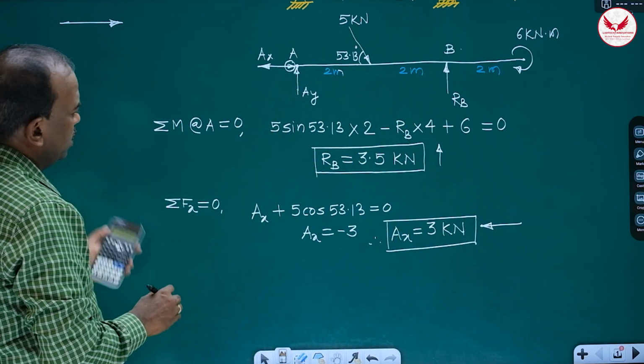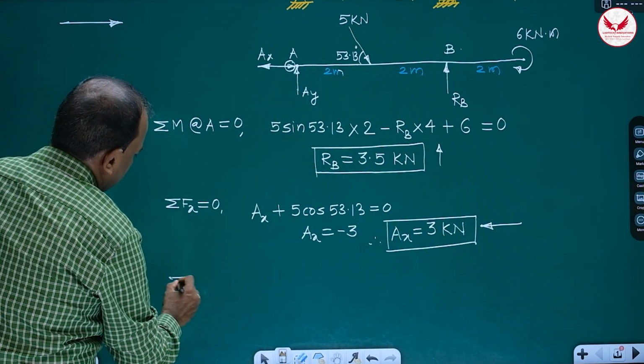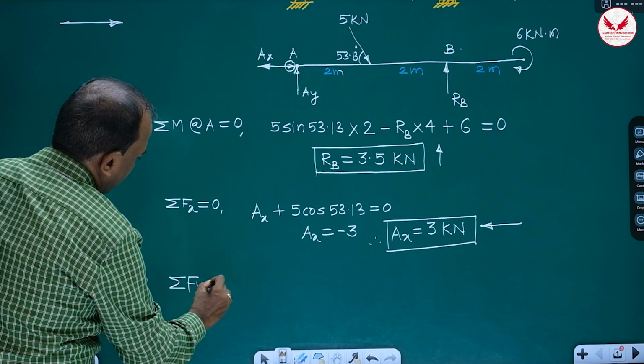So 2 components we got. Now, if we use third equation, summation Fy is equal to 0.